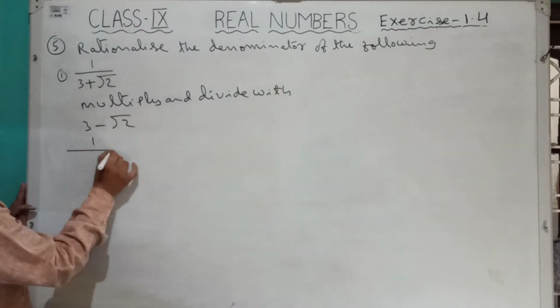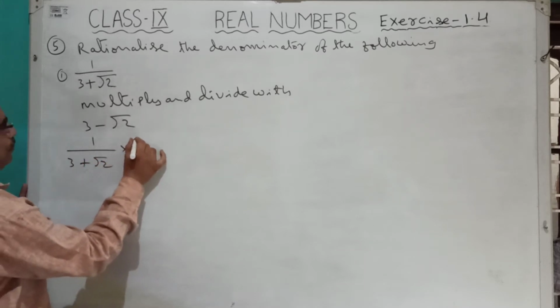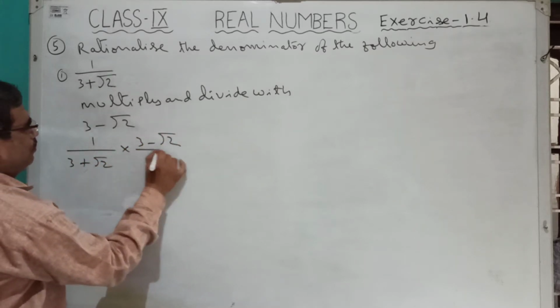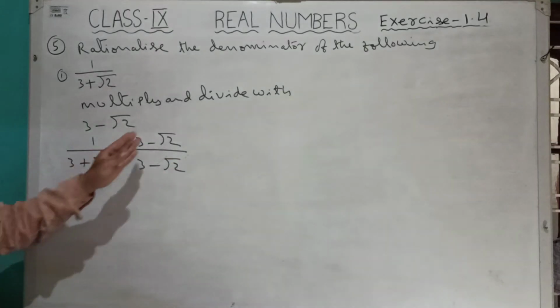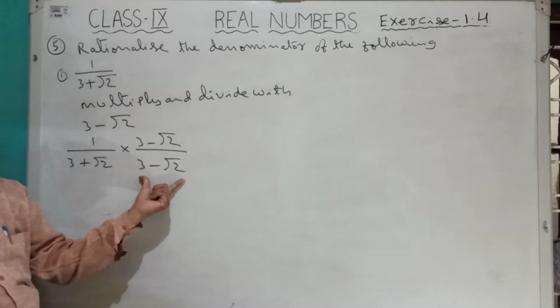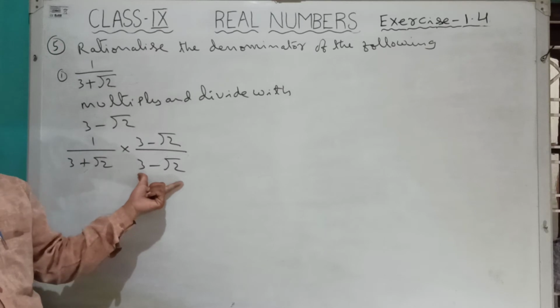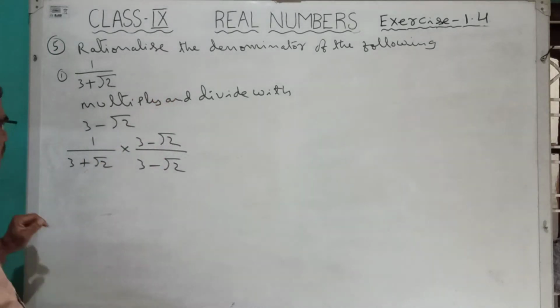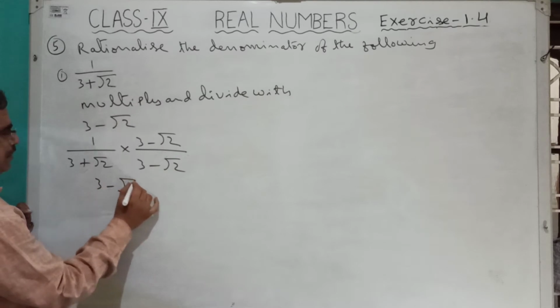So 1 by 3 plus root 2 into 3 minus root 2 by 3 minus root 2. The denominator part will get cancelled; this is our required answer. But since we have multiplied in the denominator, we have to multiply in the numerator also, as per the rules. So 1 into 3 minus root 2 means 3 minus root 2.